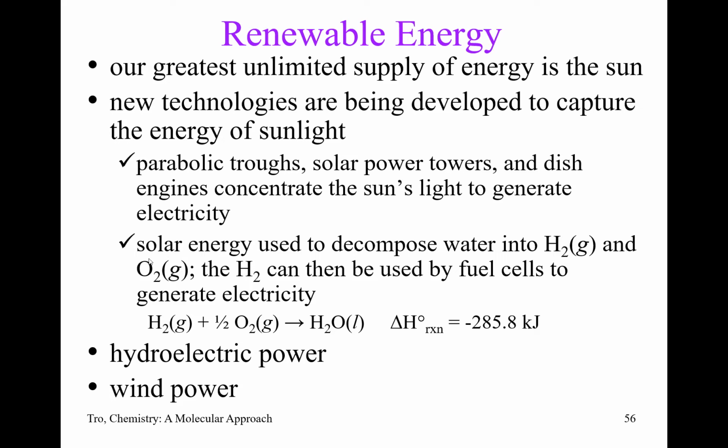Then there's also this idea, and this is starting to happen with Tesla batteries and fuel cells at people's homes. So what you have is, you just have some water, and you use some solar energy, and it splits the water in half.